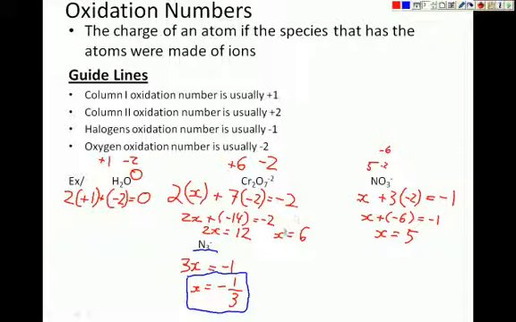Now this is the part where oxidation number is not exactly a true ion number. You cannot be missing 1/3 of an electron. But oxidation numbers aren't exactly the same as ion numbers.